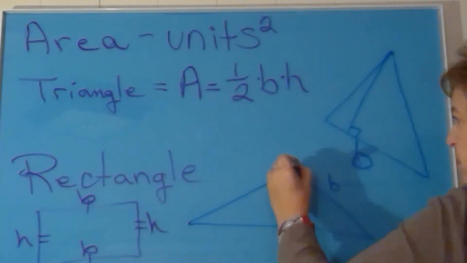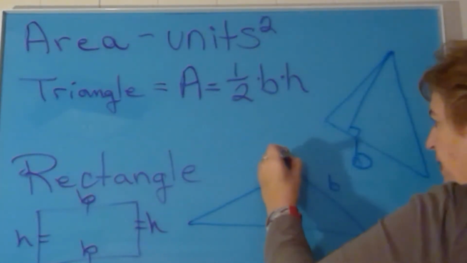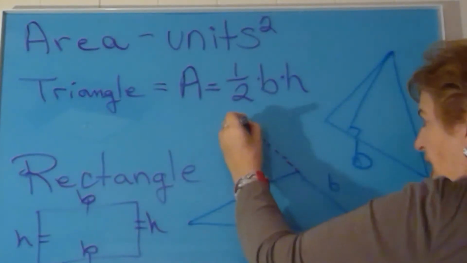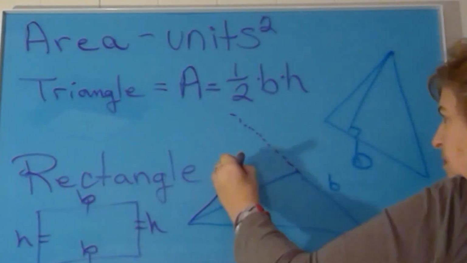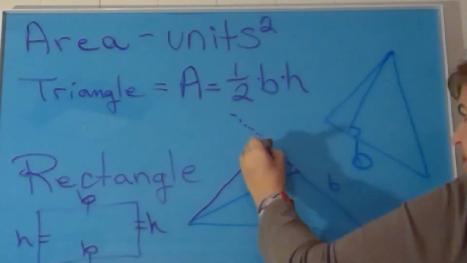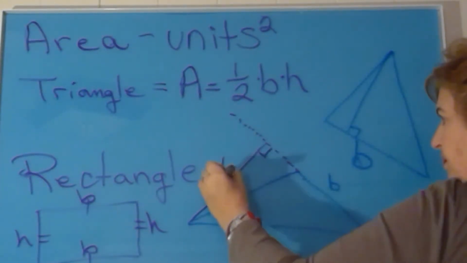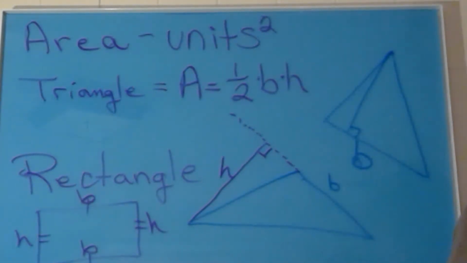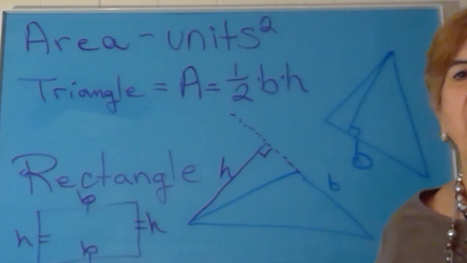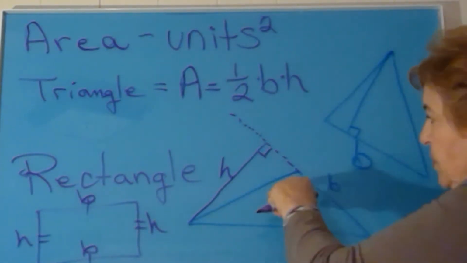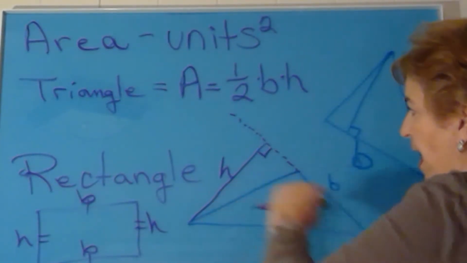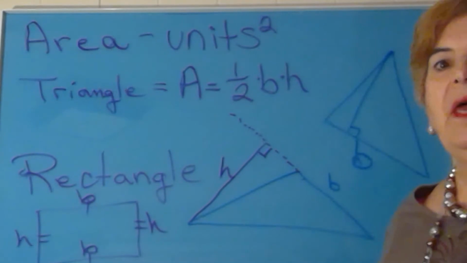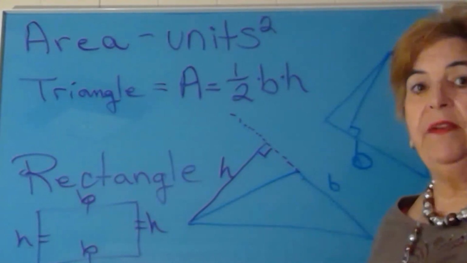Well, in order to do that, I need to extend this side and draw a segment that's perpendicular to it. So if you have an obtuse triangle, that's a triangle that has one obtuse angle in it, then the altitude, the height, may be drawn on the outside of the triangle.